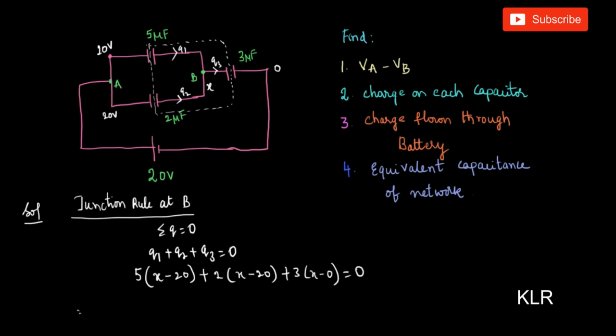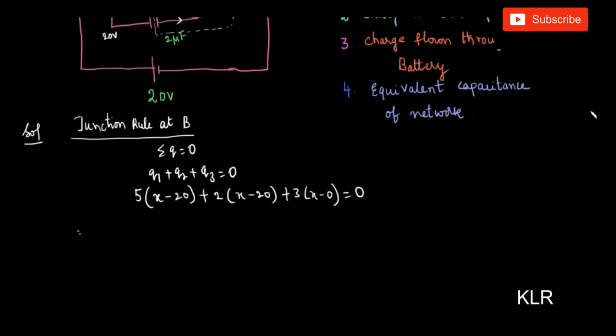Now we will simplify this. 5x minus 100 plus 2x minus 40 plus 3x is equal to 0. 5 plus 2 is 7, 7 plus 3 is 10.